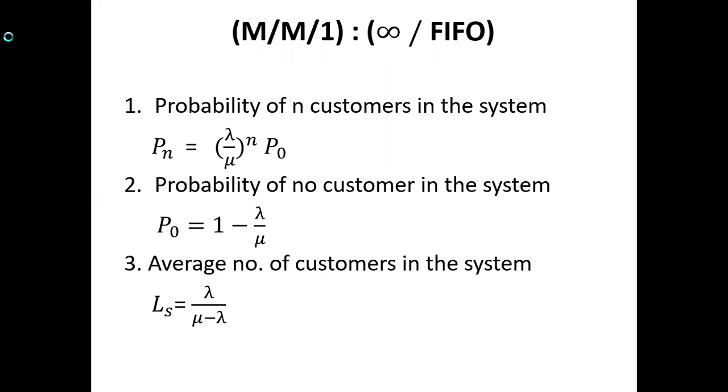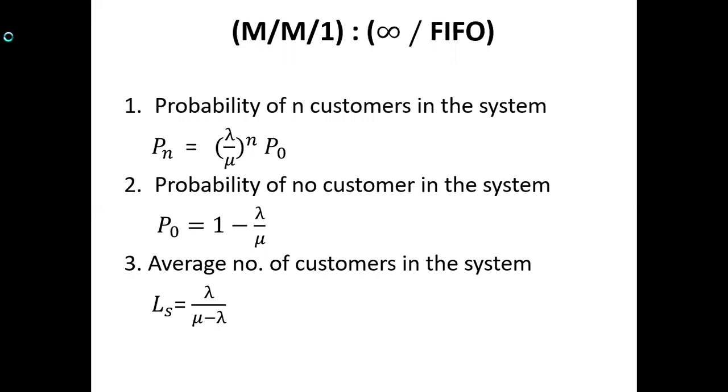The M/M/1 model with infinity as the system capacity and FIFO as the queue discipline has the following formulae. The probability of n customers in the system, Pn, is represented by (lambda/mu)^n times P naught. The probability of having no customer in the system is denoted by P naught, 0 standing for no customer, which is given by 1 minus lambda/mu.